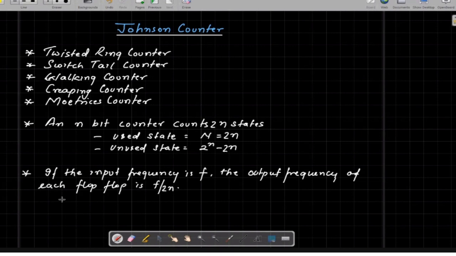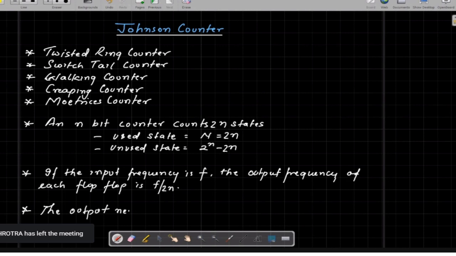But yes, of course, in this counter we require some decoding mechanism, because you cannot read the output directly. So what we can say is that in this counter, the output needs to be decoded.